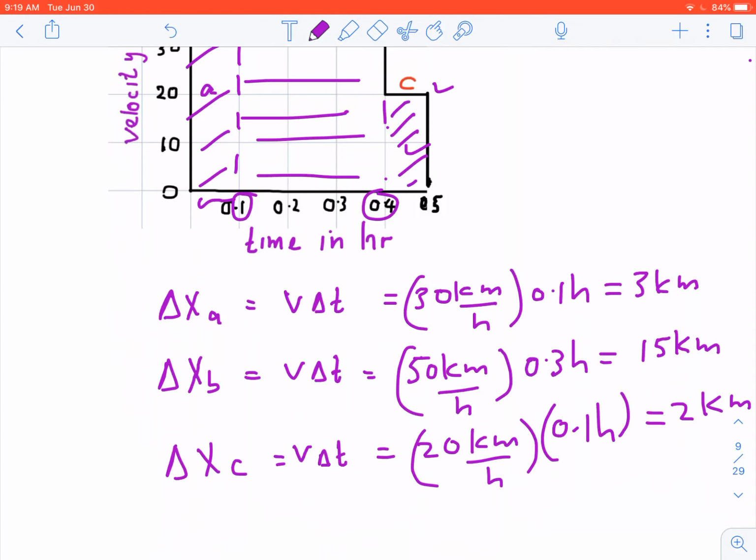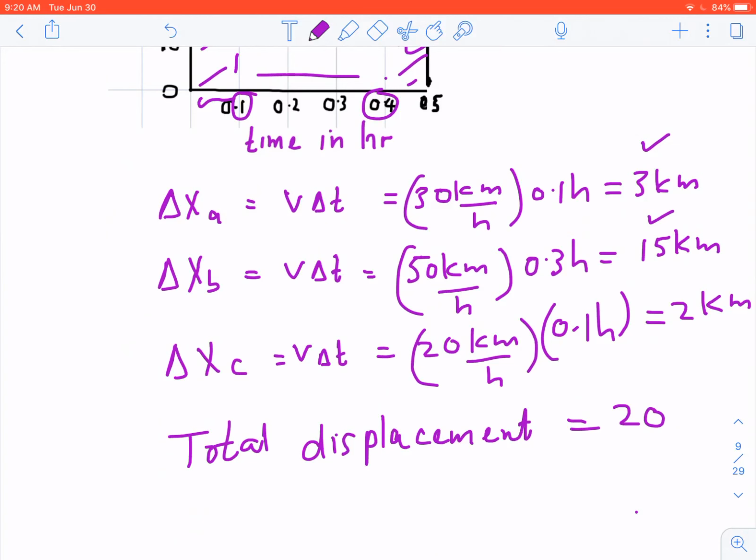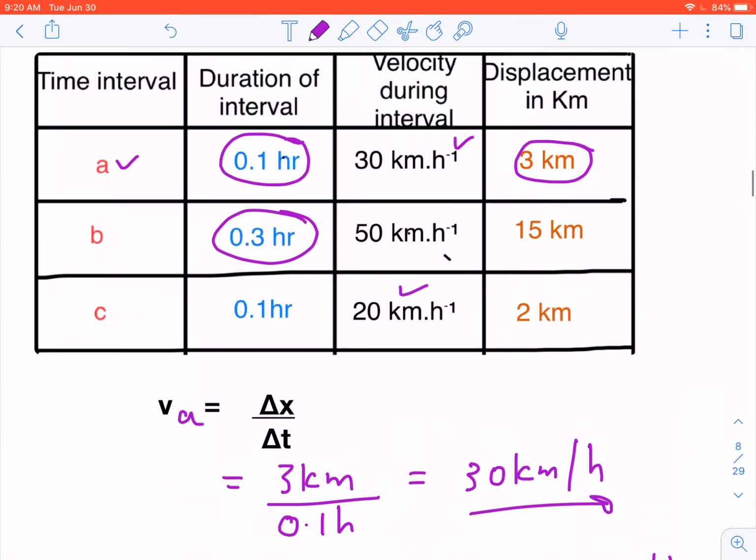So there you have that, and if we look at our total, which is 3 and 15, that is 18, and our total displacement is equal to 20 kilometers, which we see here.